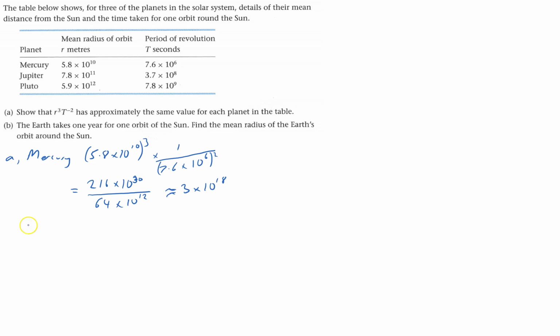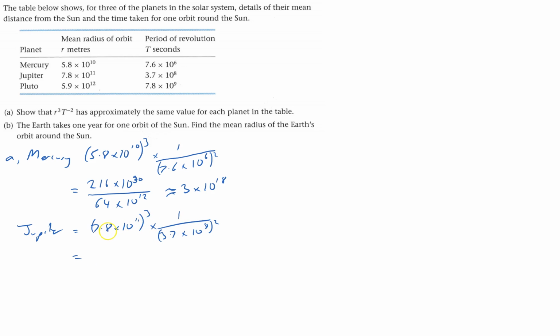Jupiter is 7.8 times 10 to the 11 cubed times 1 over T squared, so 3.7 times 10 to the 8 squared.